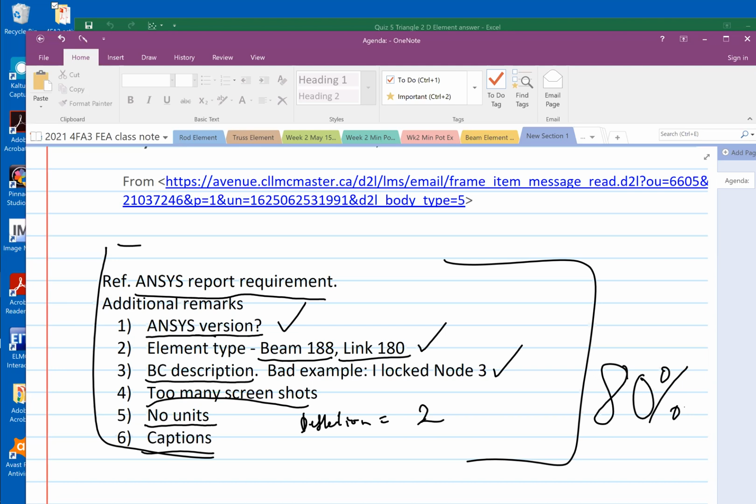I have read FEA reports for so many years now, from work, from students, from customers, from clients. So if you have this information, you get 80%. And if you write an amazing report, you get 90, and so on and so forth.